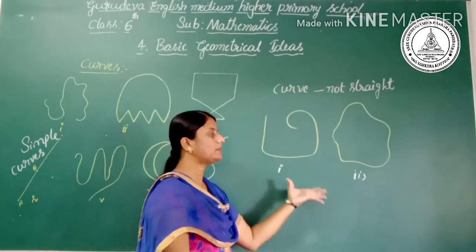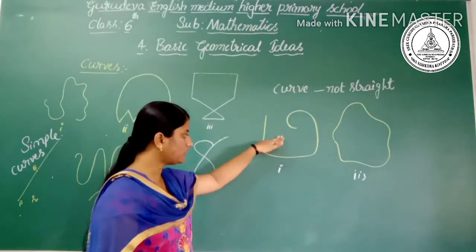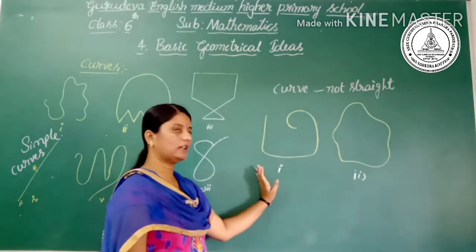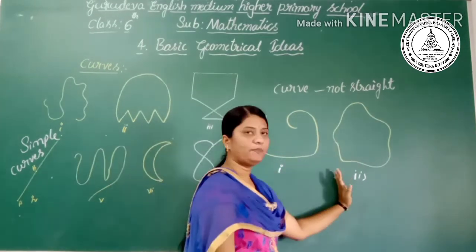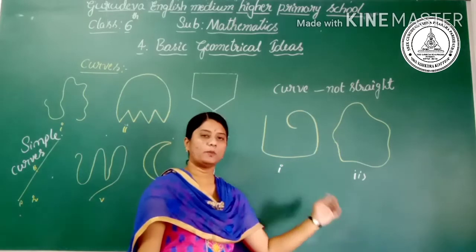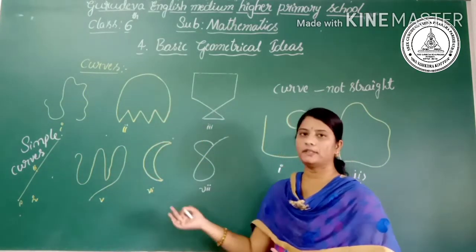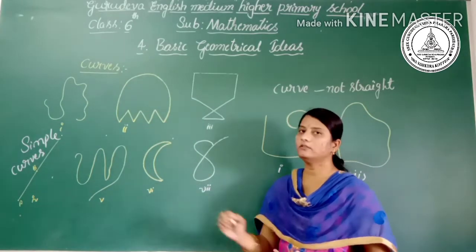What is the difference between these two figures? You can observe here, the first curve is an open curve and the second one is a closed curve. You can also draw some more open curves and closed curves. Can you identify some more open and closed curves in these given curves?